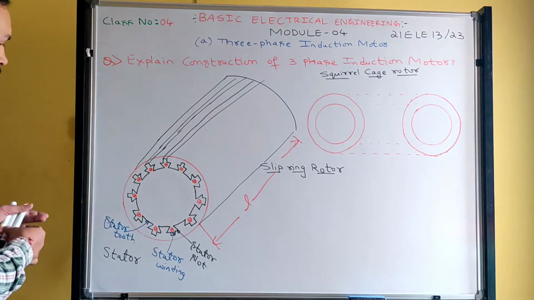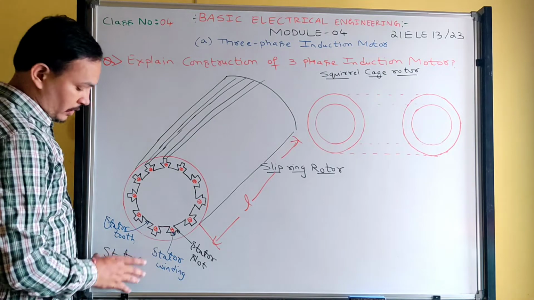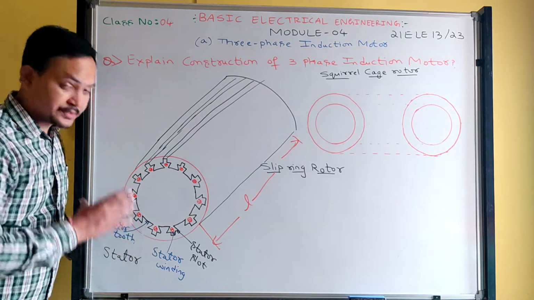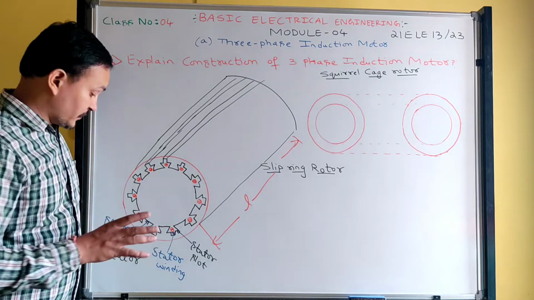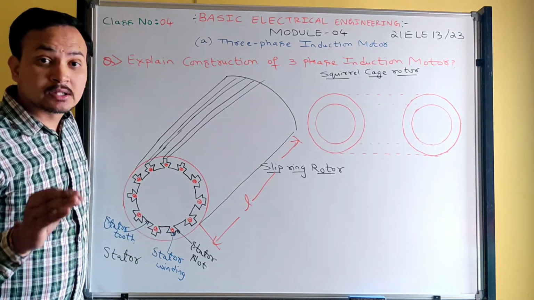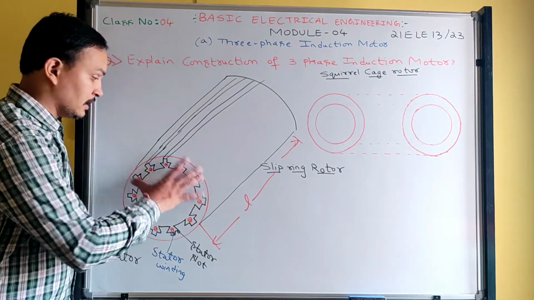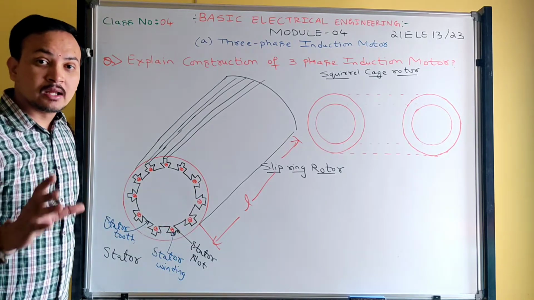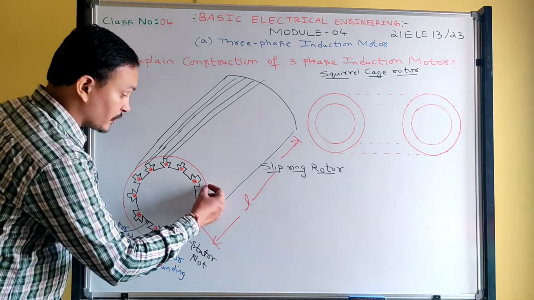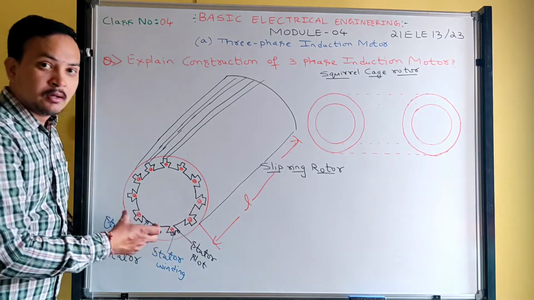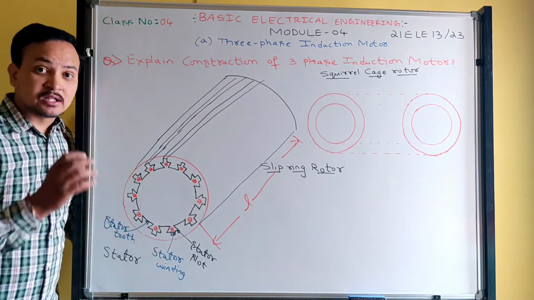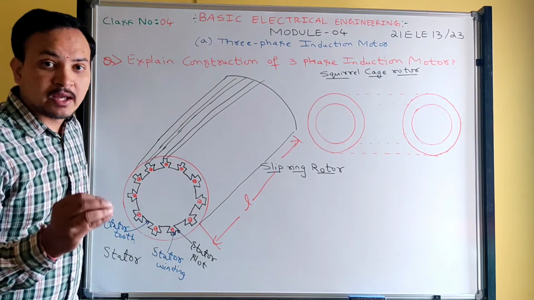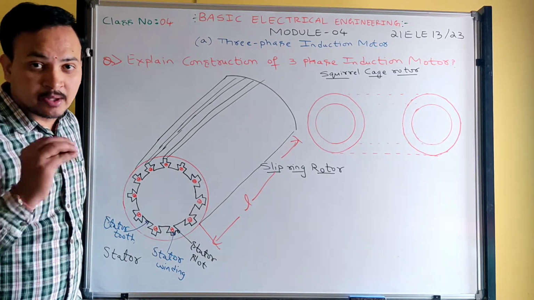Understood? So in general, I will tell what you have to write as the explanation about stator. Okay, so stator is made up of silicon steel lamination. The thickness of the plate, so this is a plate. Okay, this entire part is one plate. The thickness of the plate is 0.25 mm to 0.5 mm.